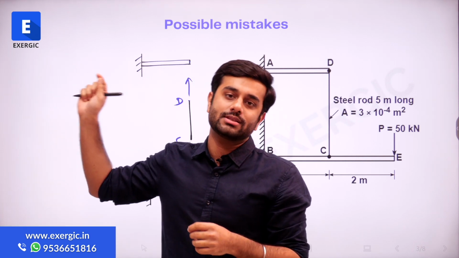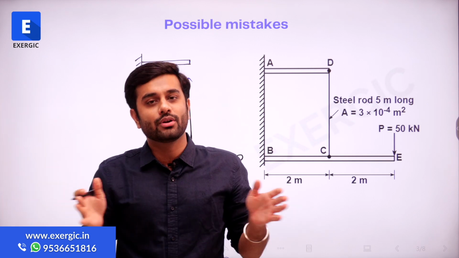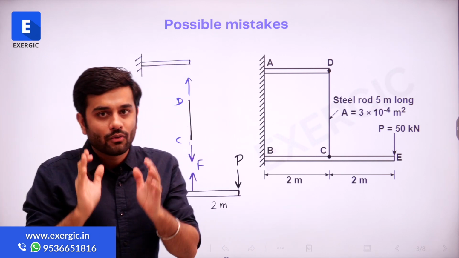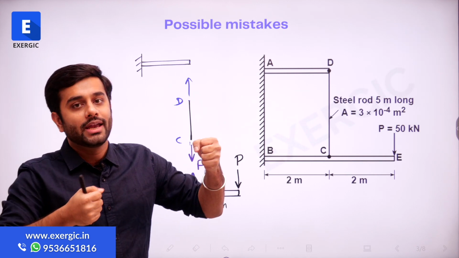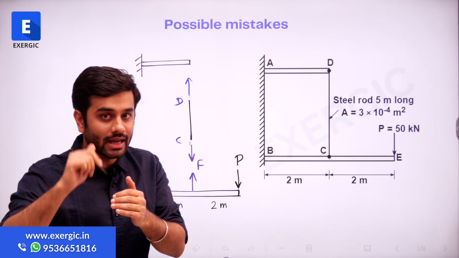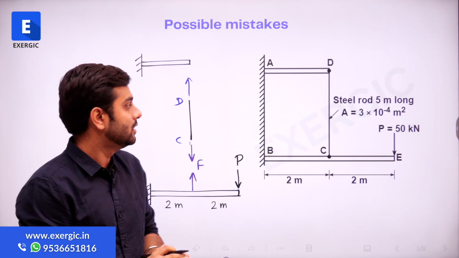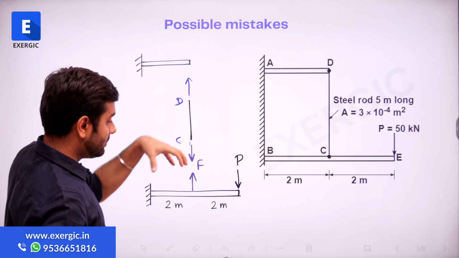And recall the concept that we discussed in the initial units, right? When we were covering the unit of axial deformation, what did I tell you there? That if a body is getting pulled, it will pull the other body also. It will help you in figuring out the direction of load, direction of force. So this is getting pulled. It is connected to point C. C will also get pulled.